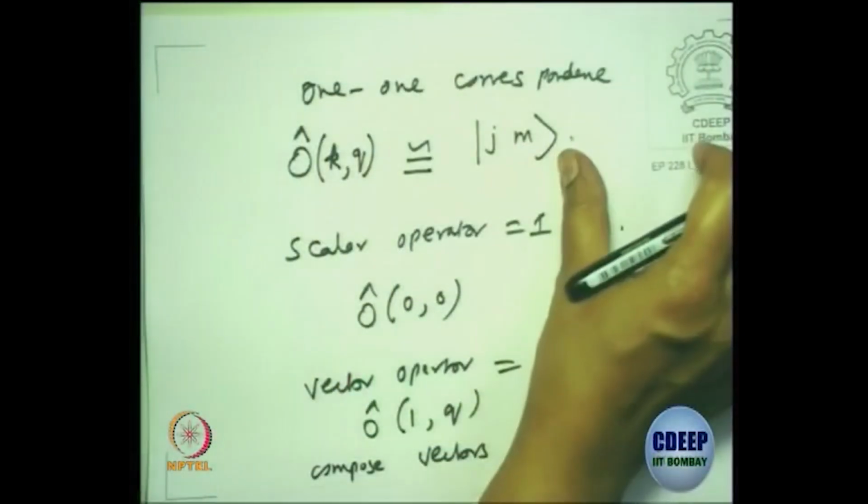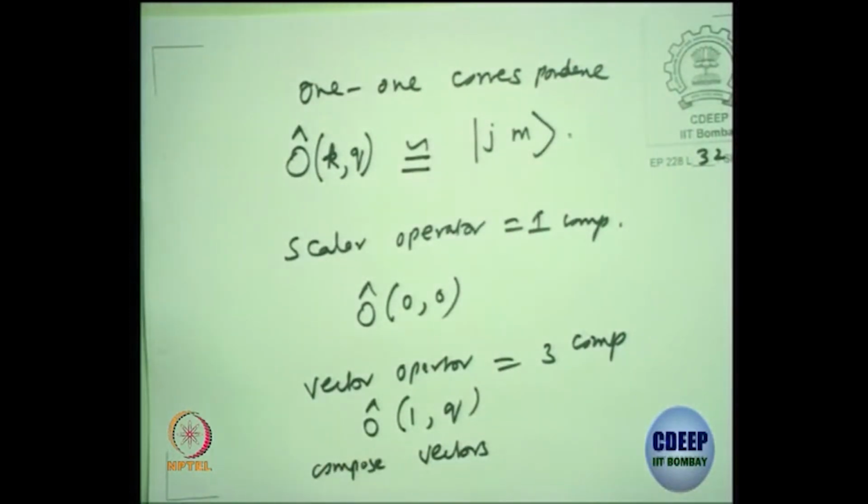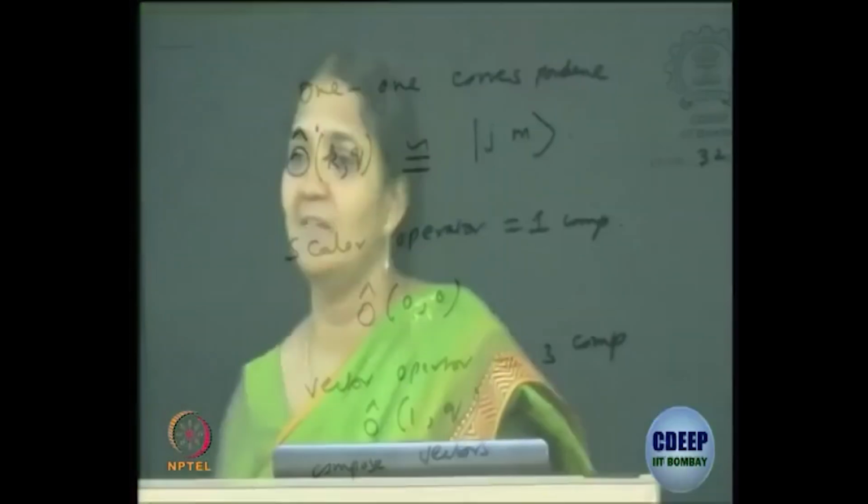So, we will go to these tensor operators in the next lecture and see that the composition, if you combine 2 spin j's, how things happen will also happen in this case. The same CG coefficients will help you to resolve. Okay, let me stop here.